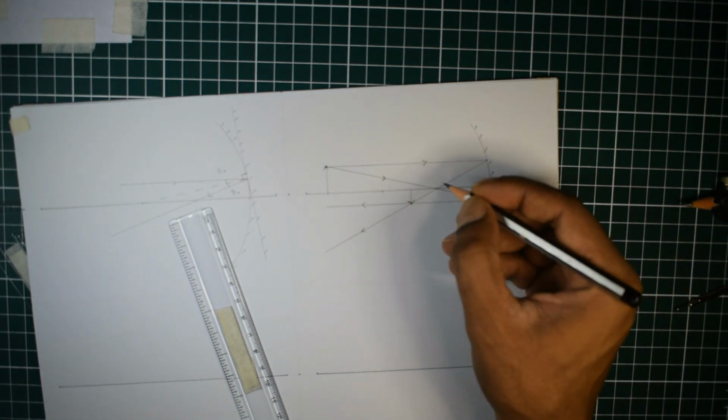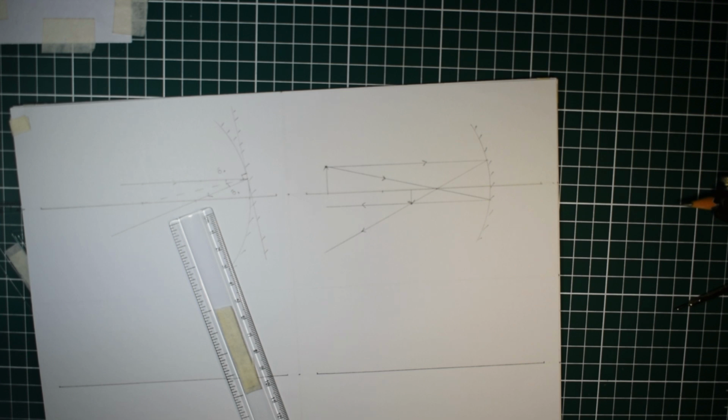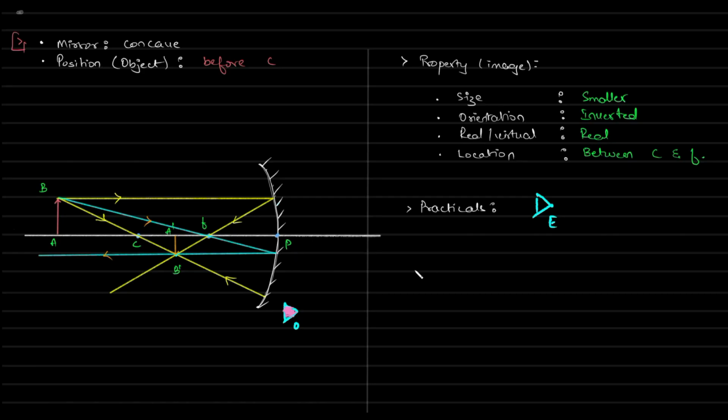Basically, it is inverted. Okay, so that's your diagram. So guys, you saw a diminished, inverted, real image on a sheet of paper. Let's look at it practically.